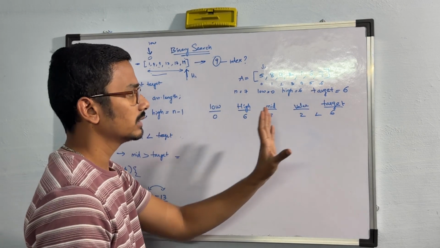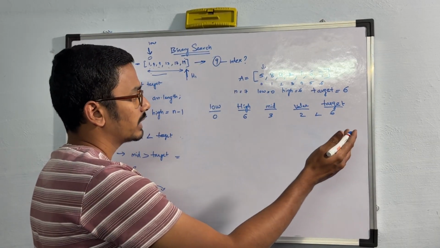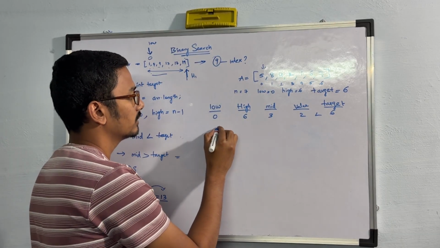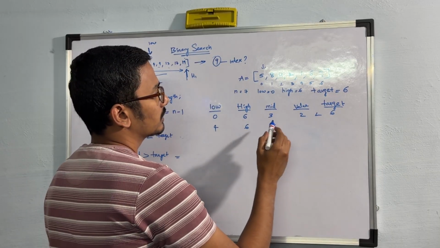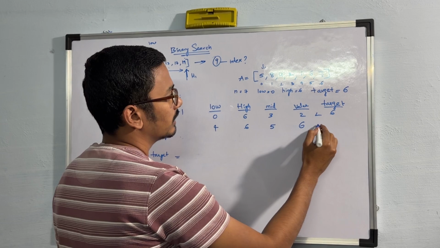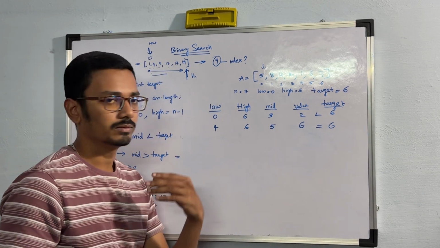We just have to shift to the right of this array. If you want to shift to the right, low will be incremented to mid plus one, which is 4, and high is 6. Now the mid is 5. For index 5, the value in the array is 6. 6 is equal to 6. So now we found the value.